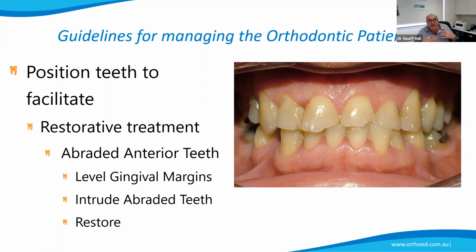The CEJ is in the right position compared to the gingival crevice. So this is the case where we say, okay, it's differential extrusion of the teeth. Let's go ahead and intrude these teeth, level the gingival margin, and then we go ahead and restore these worn teeth. Once again, it's the staging of treatment which is so important.